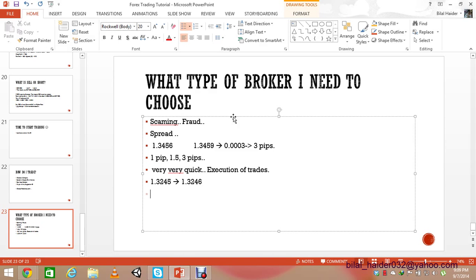The next thing I'm writing in here is that they must have good support. If you are having some issue when depositing and withdrawing funds, and you want to contact that company, their response must be very quick.